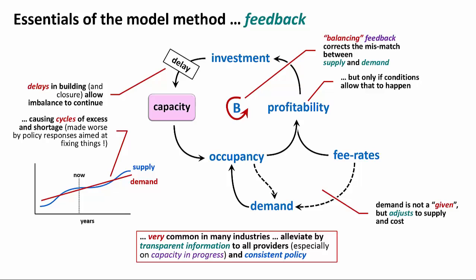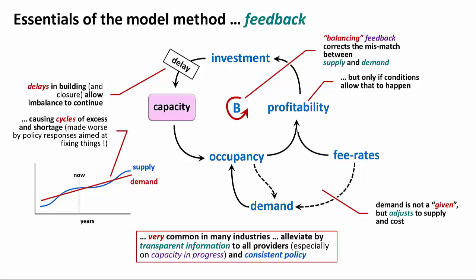And the other mechanism that alleviates this problem is consistent policy. If local authorities, for example, cut back their fee rates when there is plenty of capacity available, then you remove the incentive for anyone to build new capacity, and that will be okay for a while, but then it will make things really bad when a shortage does occur and nobody has actually started on the construction of any capacity to fulfill that demand.